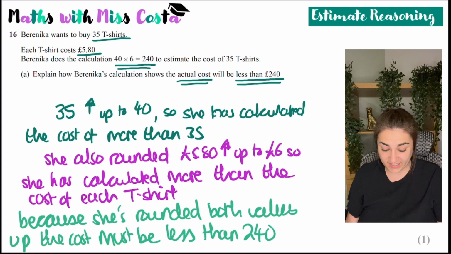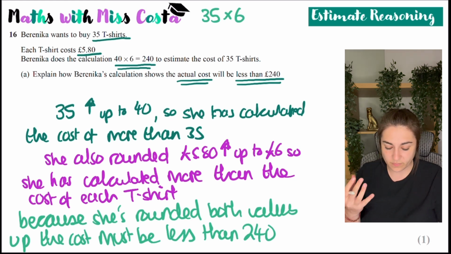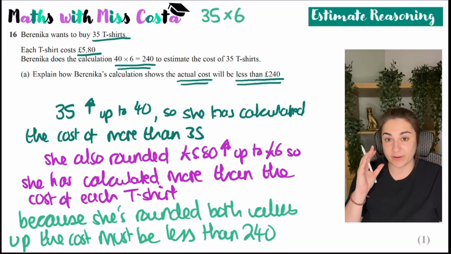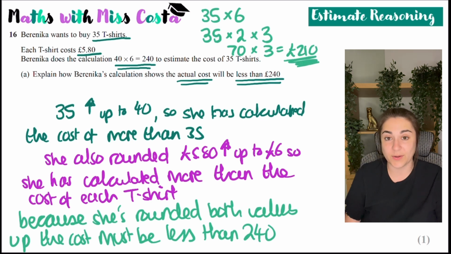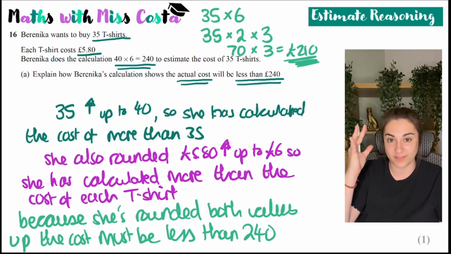If you wanted to be super certain, you could work out what 35 times 6 would be, because then you've just rounded one thing up. 35 times 6, we could break that down into 35 times 2 times 3. So 35 times 2 is 70. 70 times 3 is 210. So even 210 is going to be less than the actual cost because I've rounded the cost up.